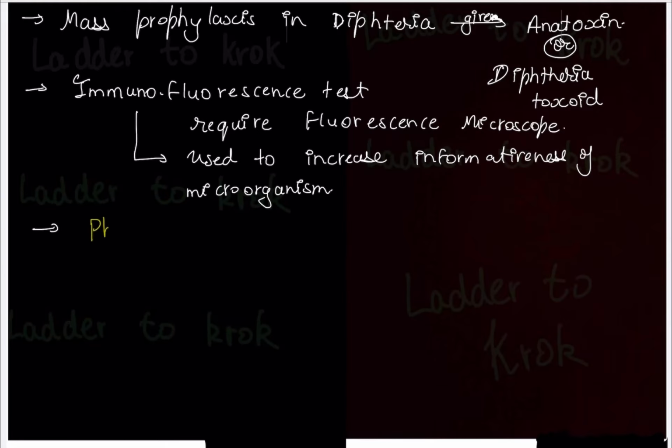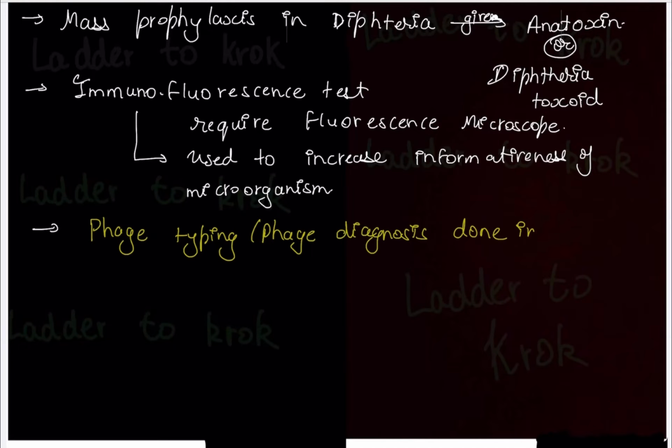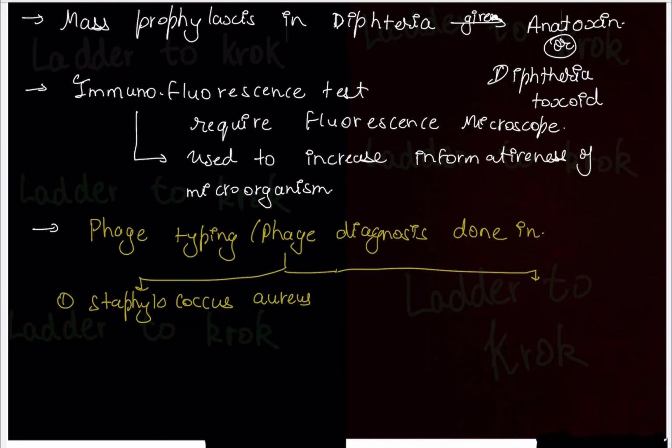Now let's come to phage typing or phage diagnosis. It is done basically in, first, Staphylococcus aureus, and another one is Shigella species.